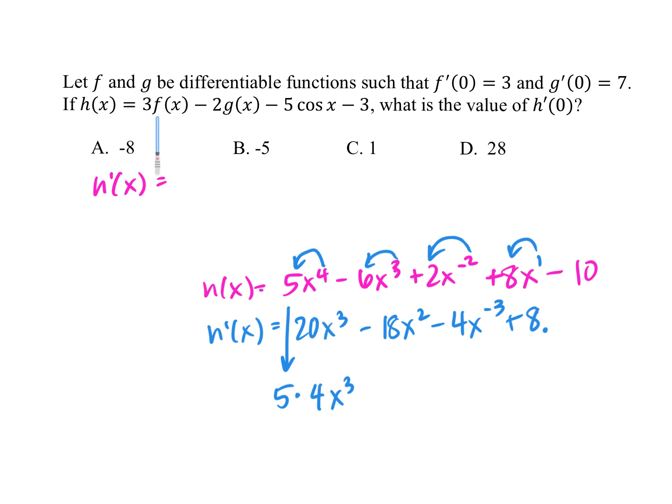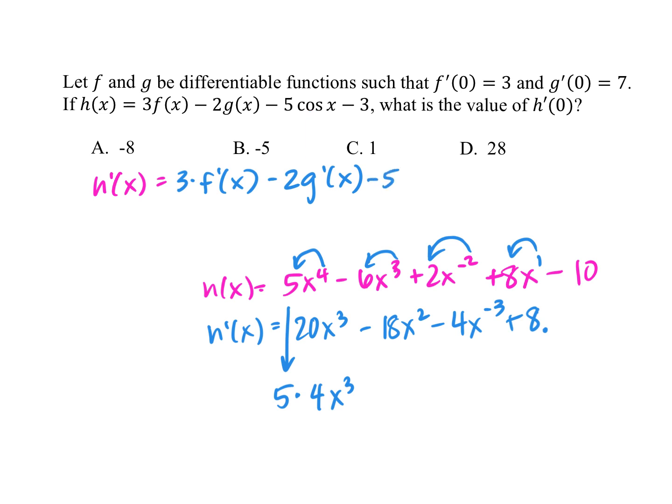Great. So what does the derivative of 3 times f of x going to look like? Yeah, keep my constant. Take the derivative of f. Thank you, Greer. Minus, what's the derivative of 2g of x going to be? 2g prime of x. Here's something new for us. Minus 5 times the cosine of x.